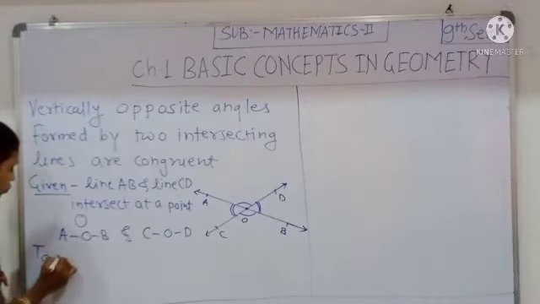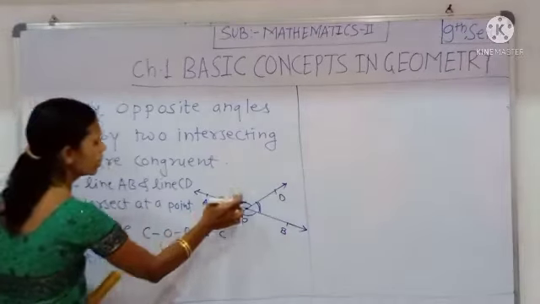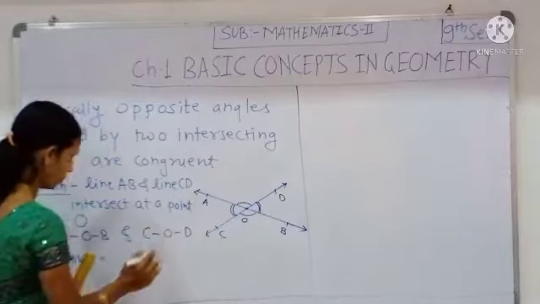Then we have to prove the property, that is, vertically opposite angles are congruent.